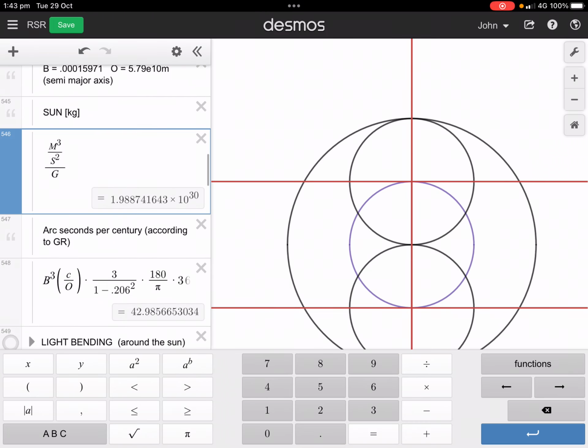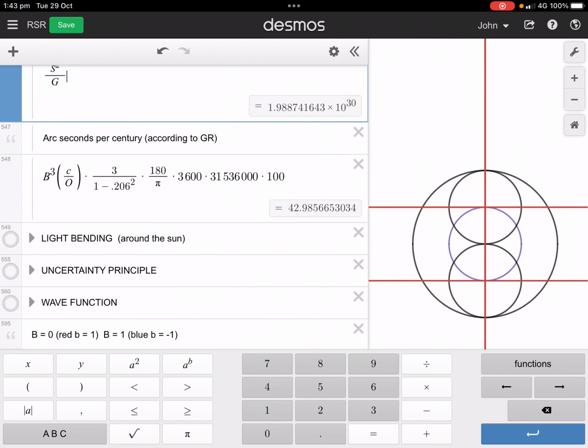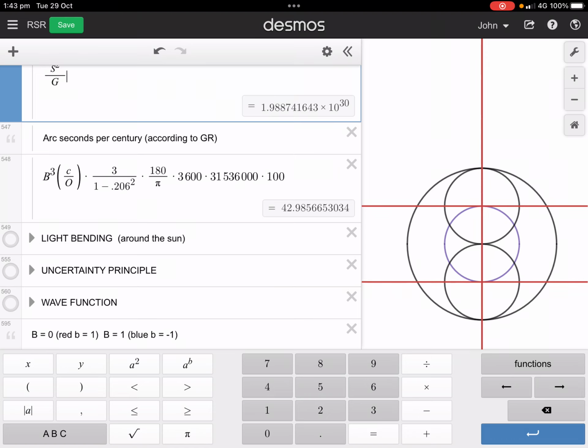You see that it's going around the sun. Mercury's going around the sun, so that's the correct mass of the sun in kilograms, and that's the correct calculation for the arc seconds per century lost due to time dilation, which is what general relativity is added to the equation to explain Mercury's precession, because Mercury is so close to the sun that it starts to become noticeable, the fact that Newton's equations aren't working properly.